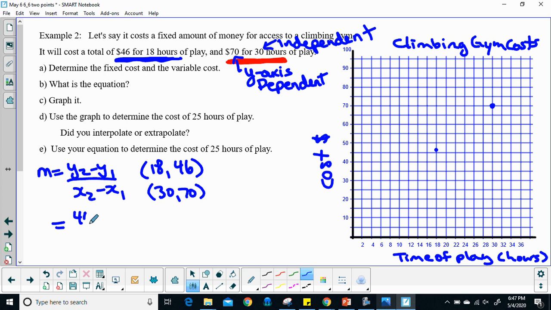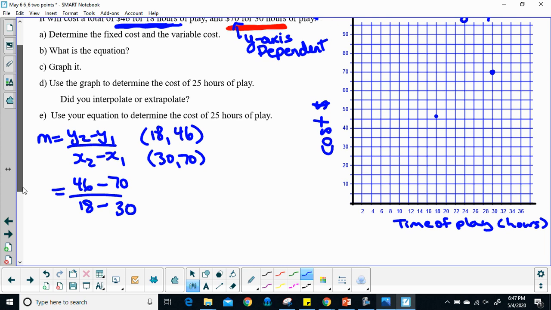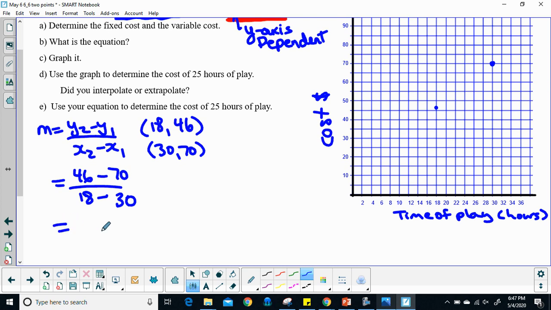So that would give me 46 minus 70 over 18 minus 30. So what's that going to equal? We've got negative 24 over negative 12. What is with the 2's today? My goodness. So there's my slope.